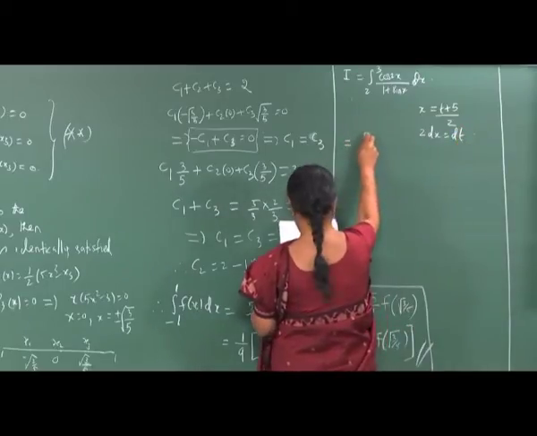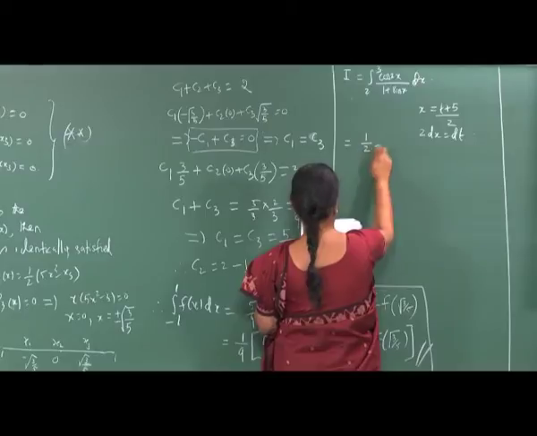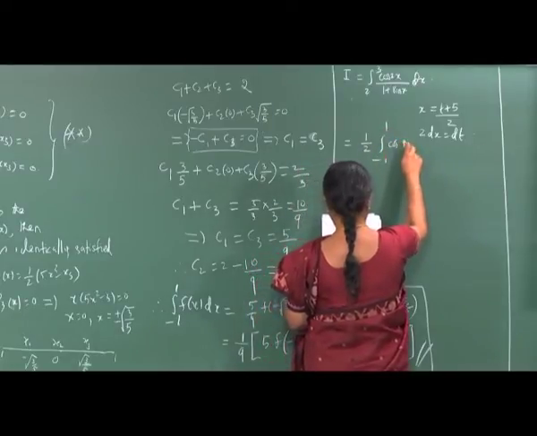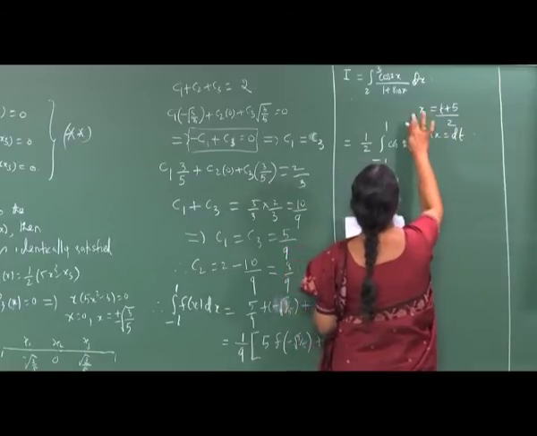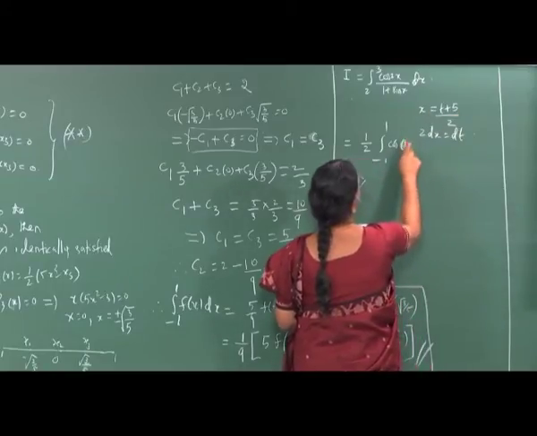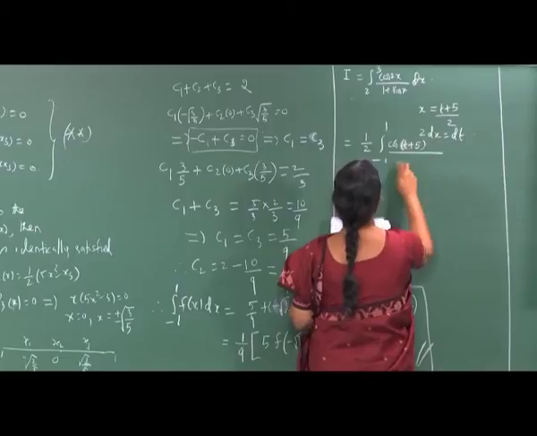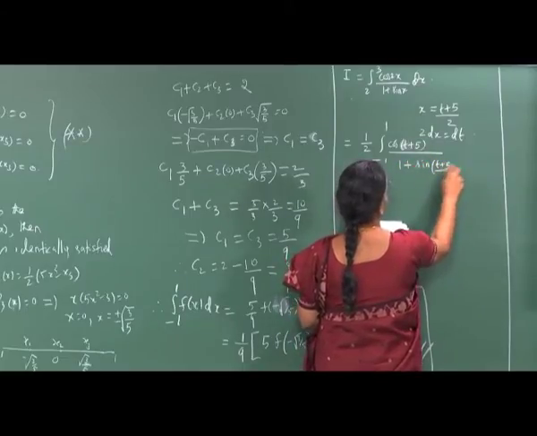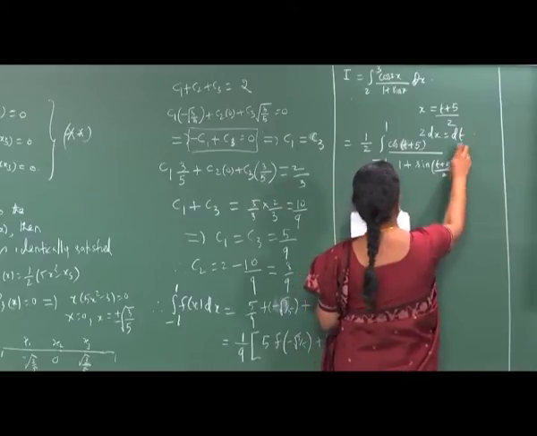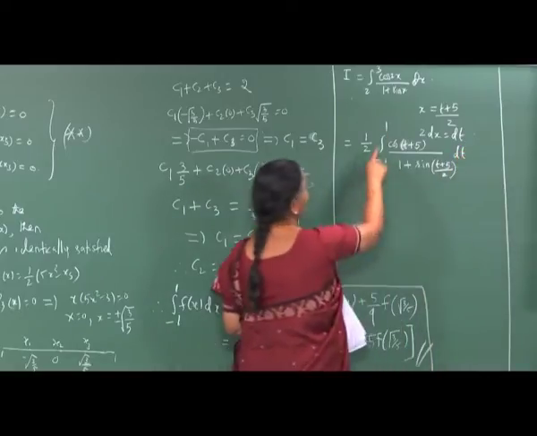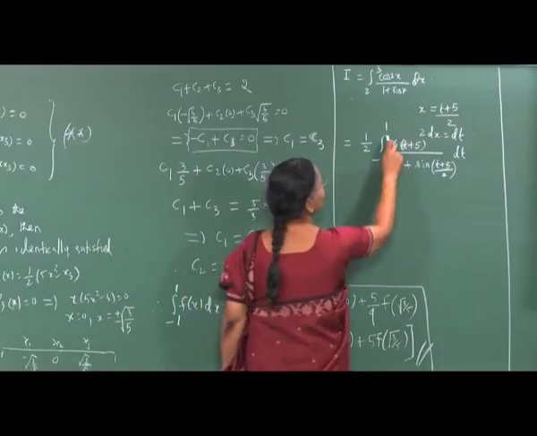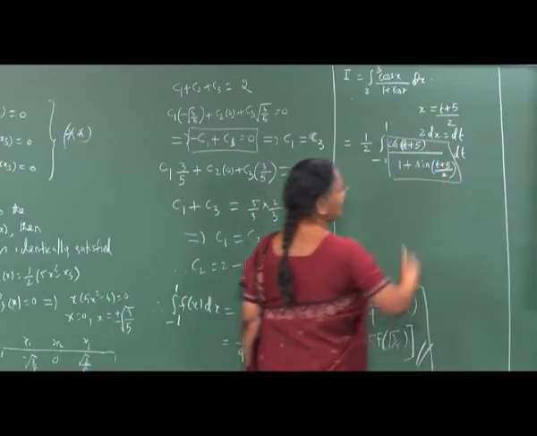So, this will be equal to integral half of minus 1 to 1 cos of 2 into, 2x is t plus 5, so I can substitute cos(t plus 5) divided by 1 plus sine of (t plus 5) by 2 into dt. So, I have integration between minus 1 and 1 of some function, right, some integrand.